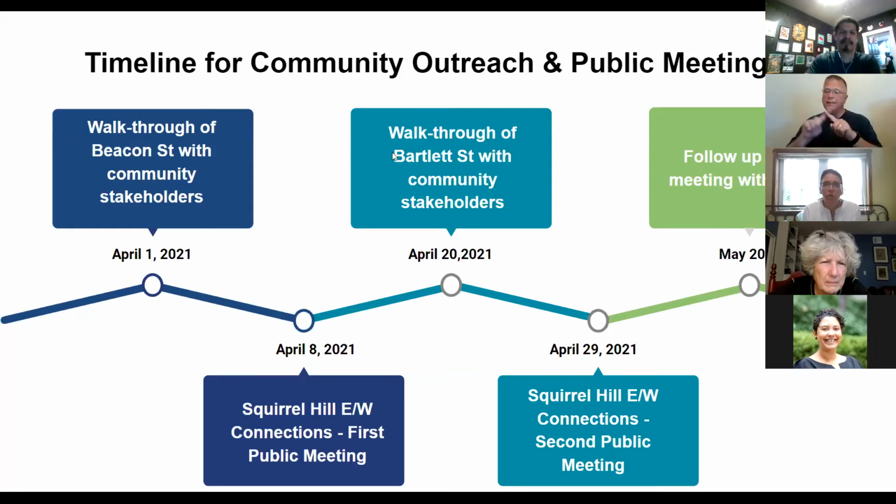That was followed on April 20 by a much more pleasant weather walkthrough with residents of Bartlett Street, which was one of the alternatives that was raised at the Beacon meeting. Here we are today, then, at the second public meeting for these connections. And then through May, we'll do some follow-up feedback, some surveying, some other information gathering from you as a result of this meeting.